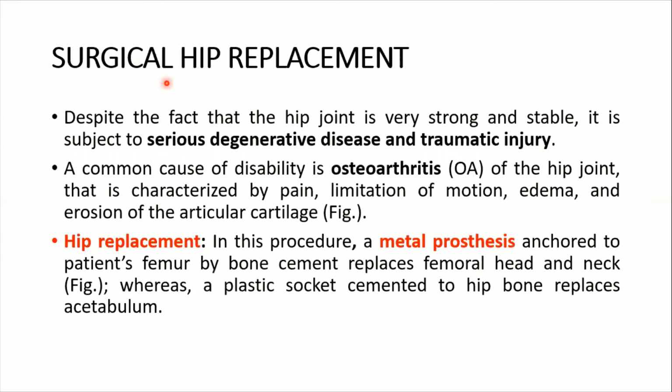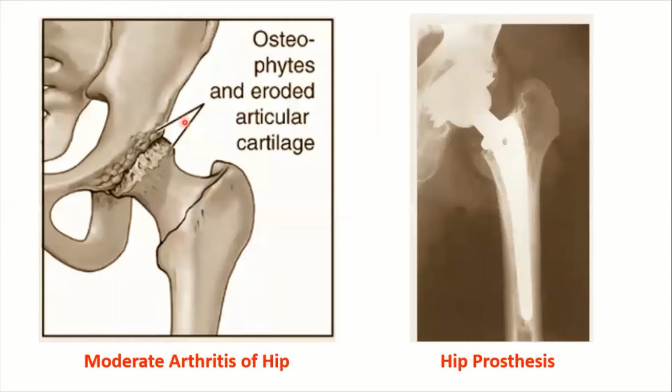So very important, surgical hip replacement, right? You could see this. The osteophytes are eroded and the articular cartilage also eroded, and this is a moderate arthritis of the hip. There is the osteoarthritis, and here you could see the hip prosthesis, right? This is the metal prosthesis.